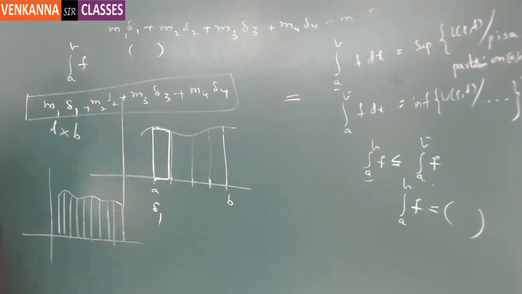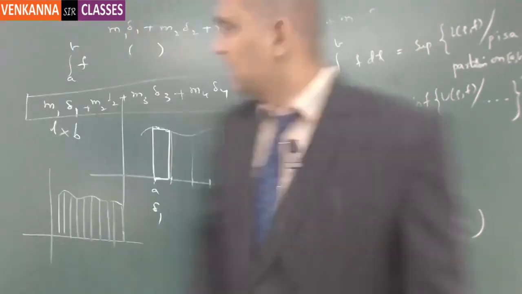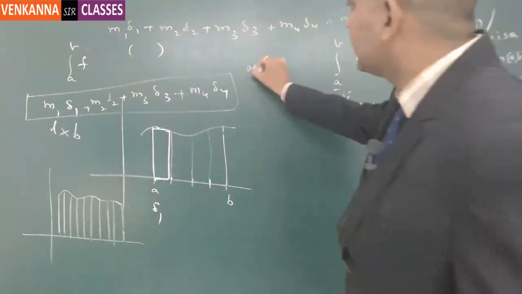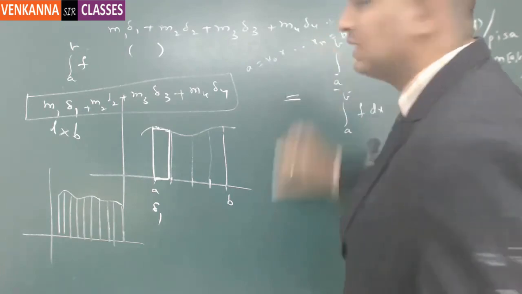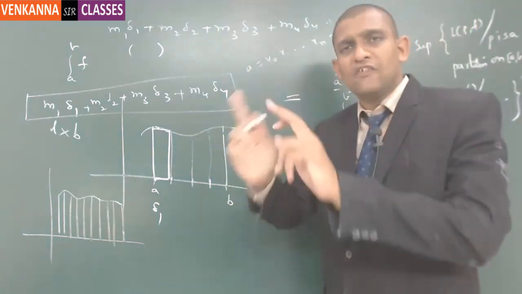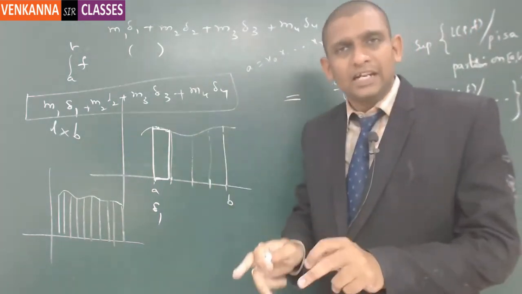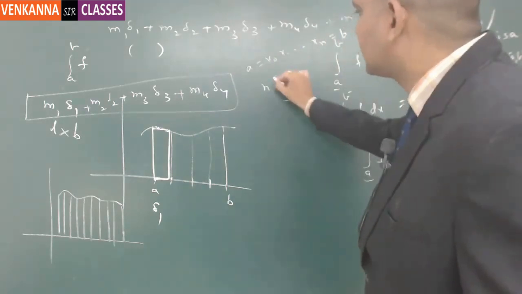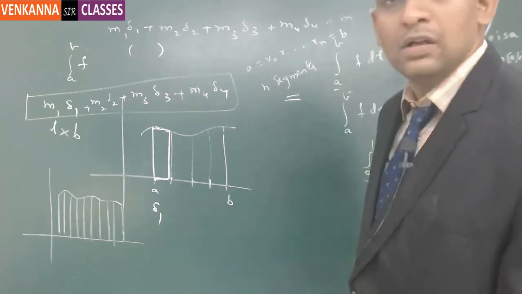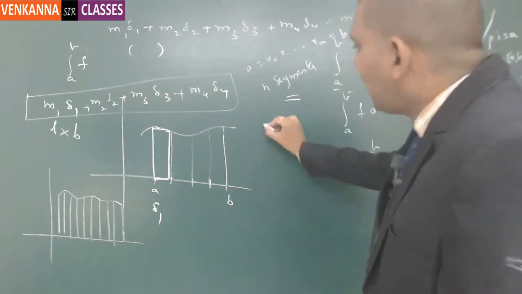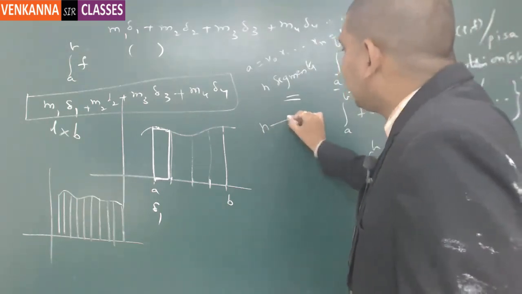So generally we will write the partition as A is equal to x0, x1, so on, xn is equal to b. Nothing but you have divided the AB interval into n segments. So what happens if n tends to infinity?